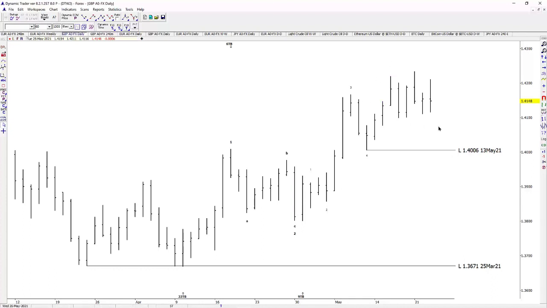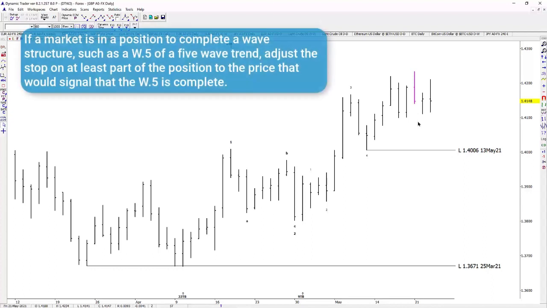And if that's the case, at least if this market's in a position to complete the wave 5 of 3, do we want to adjust our stop much closer to the market? Well, typically we would do that, and we'd bring the stop up below this last swing low, because this is probably the higher time frame wave 4 low, comparable in the same degree as this wave 2 correction.